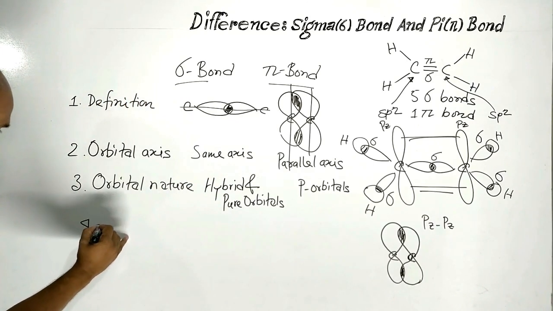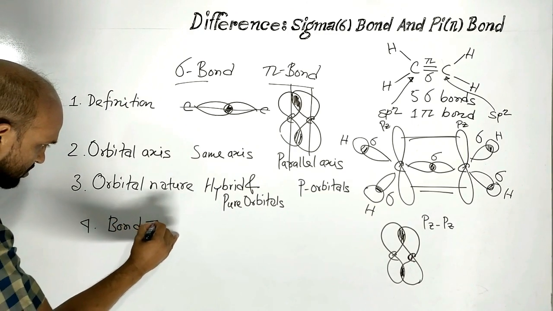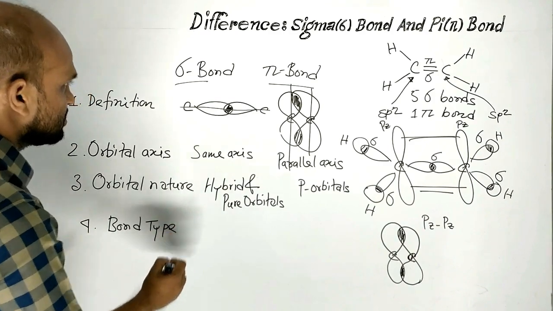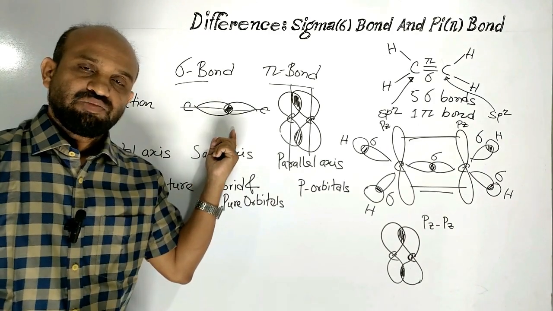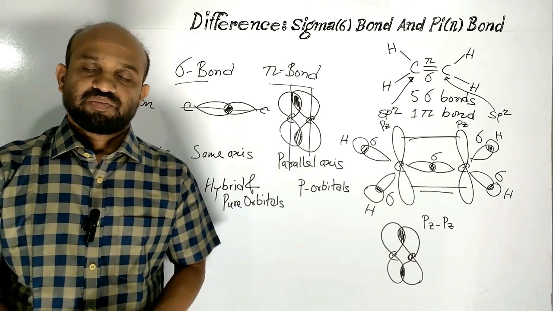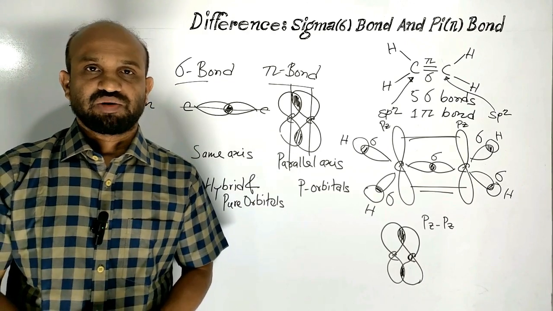Number 4, bond type. Bond type means sigma bond is formed first, after that pi bond is formed. That is, sigma bond is followed by pi bond.